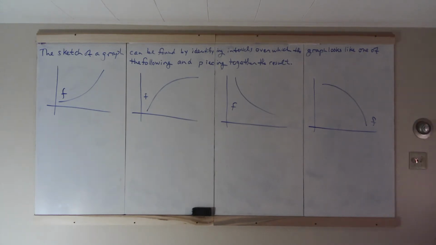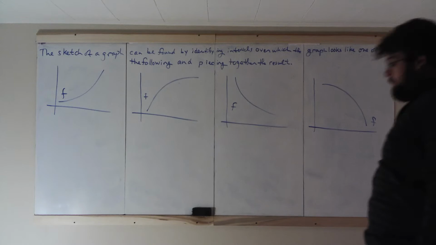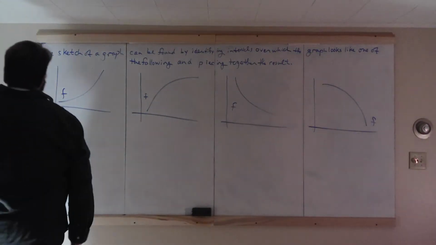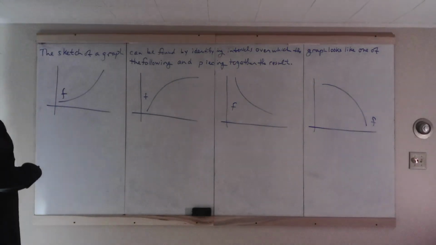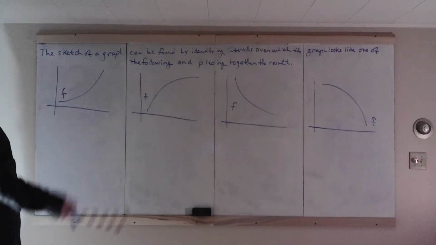The sketch of a graph can be found by identifying intervals over which the graph looks like one of the following and piecing together the result. And what we're going to do is use the first and second derivative tests and the theorems that we've covered.